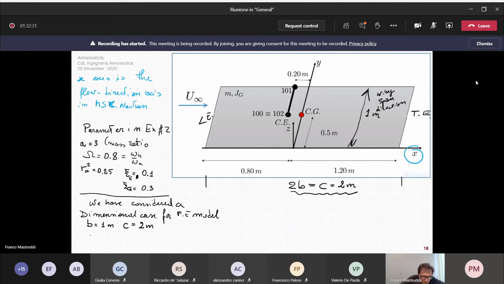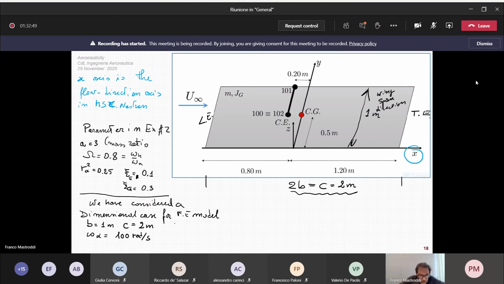We also fixed the reference omega alpha frequency equal to 100 radian per second.